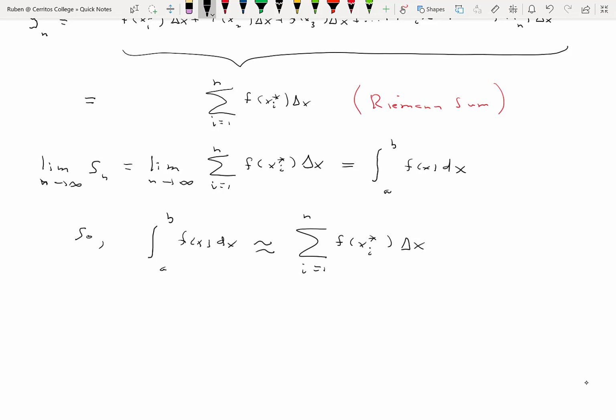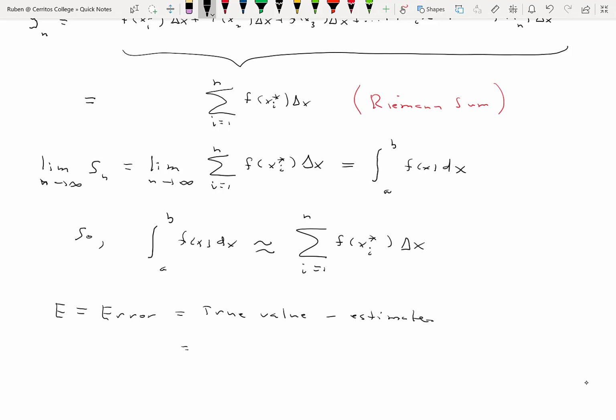Well, error, which we can give a variable, capital E for error. Error equals the true value of your quantity minus the estimate, the approximation.